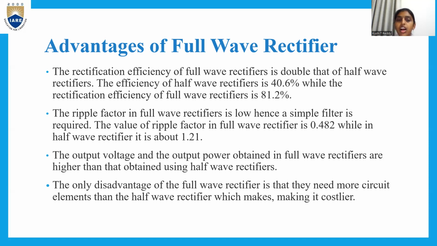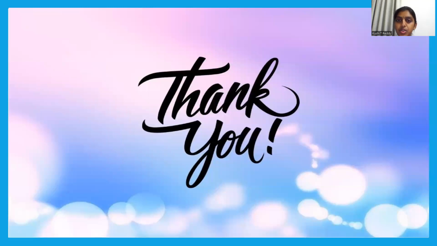So we conclude that full wave rectifiers are more efficient when compared to half wave rectifiers because they use both positive half cycles and negative half cycles, and they have a lower ripple factor as well. So comparing all these aspects, we can say that full wave rectifiers are better when compared with a half wave rectifier.